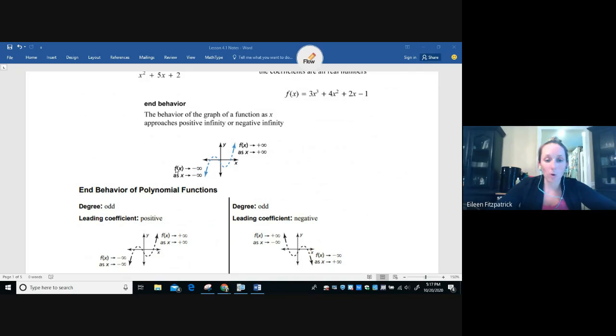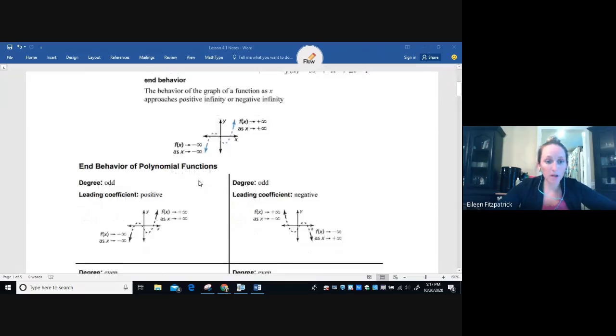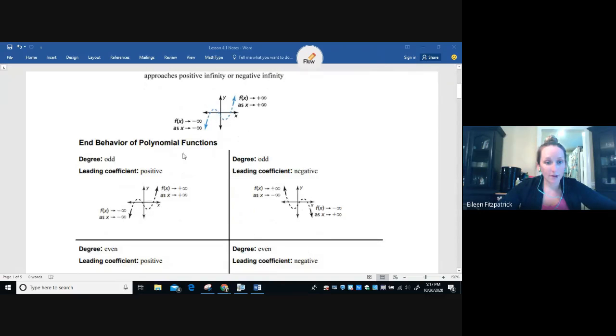So this says that y is approaching negative infinity because it's moving down, as x is approaching negative infinity because it's moving to the left. So based on the end behavior, we can determine the degree of the polynomial function, and we can determine if the lead coefficient is positive or negative.